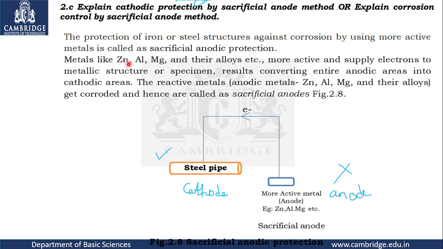Metals like zinc, aluminium, magnesium and their alloys are more active and supply electrons to the metallic structure or specimen, converting the entire anodic areas into cathodic areas. The reactive metals such as zinc, aluminium, magnesium and their alloys get corroded and hence are called sacrificial anodes. That's about the sacrificial anode technique.